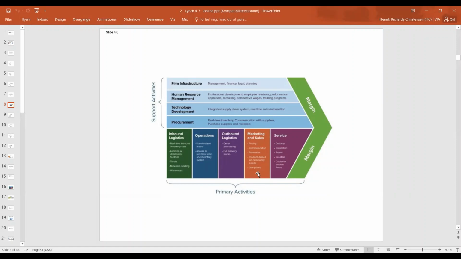But where we really create value in a company like Coca-Cola is here in marketing and sales. And also in outbound logistics, because we need a distribution system that will support this. So the outbound logistics and the marketing and sales activities, those really create a lot of value for the company.